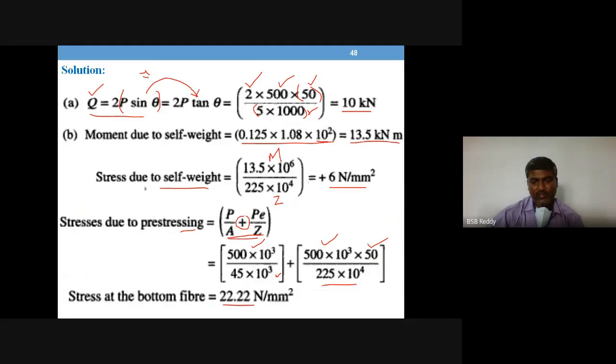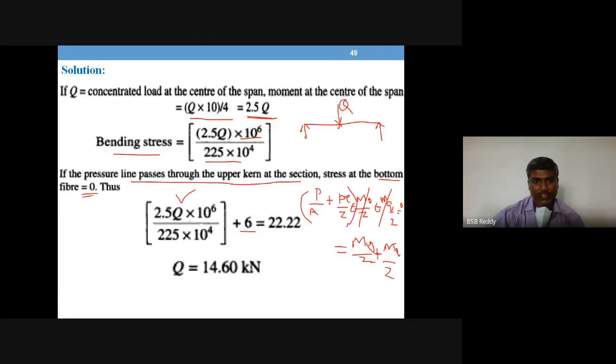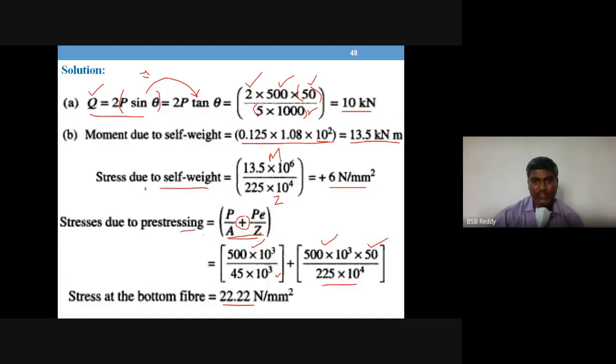This is the stress due to self weight, and this is due to live load, which is a point load, which is equal to the stress due to pre-stressing force.